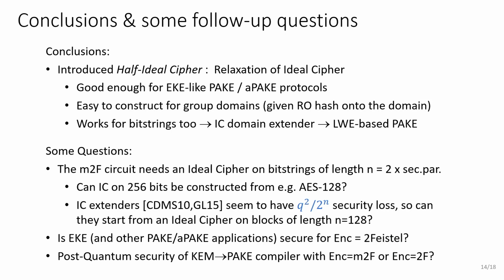If you really care about some application, it would be nice to throw this away and go back to the original two-Feistel construction of McCoy, Rosulek, and Roy. In particular, for post-quantum security, maybe it's easier to analyze hash functions than ideal ciphers. Okay, thank you.